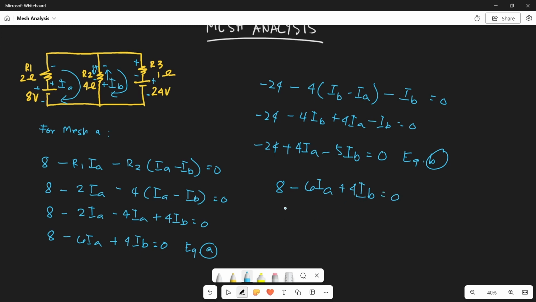And then negative 24 plus 4 IA minus 5 IB equals 0. So we have simultaneous equations. Two equations, two unknowns. So we can multiply both sides of this equation by 4 to eliminate IA. And then the second one, multiply both sides of the equation by 6.